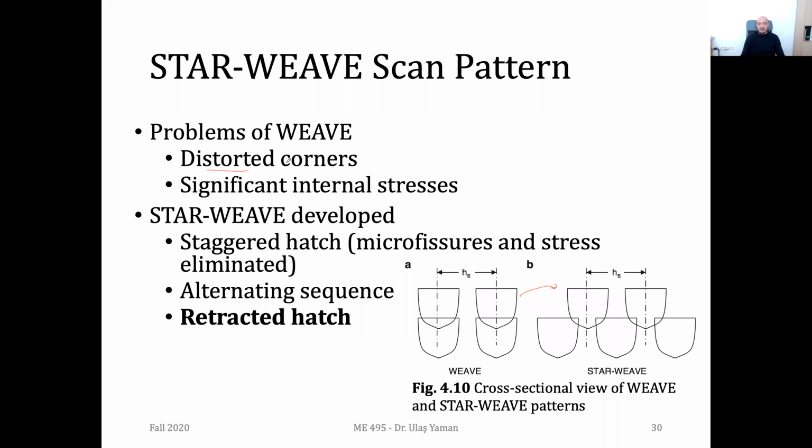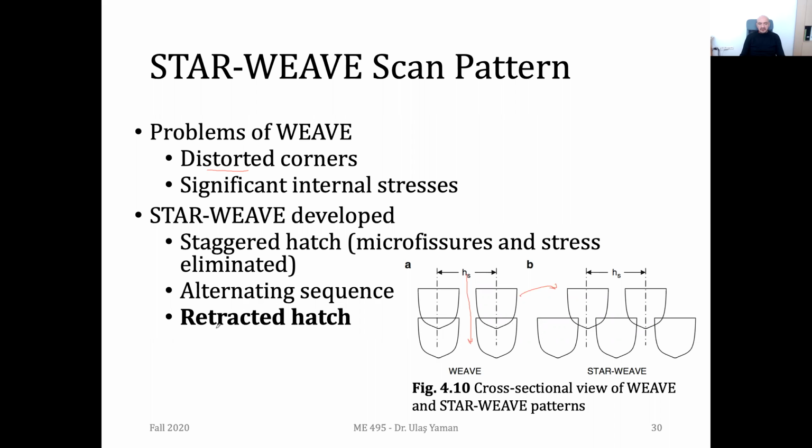So these were the problems of the first pattern, and in order to overcome them, they modified it a little bit to get such a pattern, called the star wave pattern. The only thing they have done is that they moved the upcoming slice a little bit in the X direction so that we don't have such openings throughout the layers.